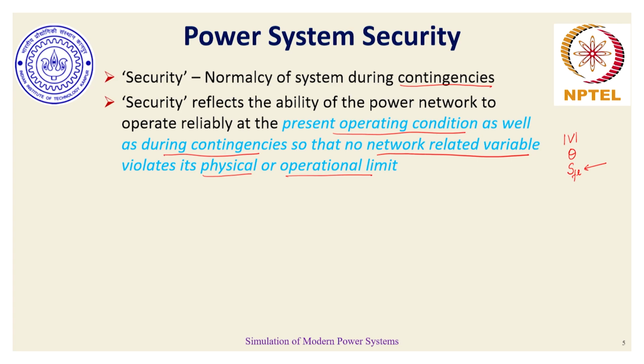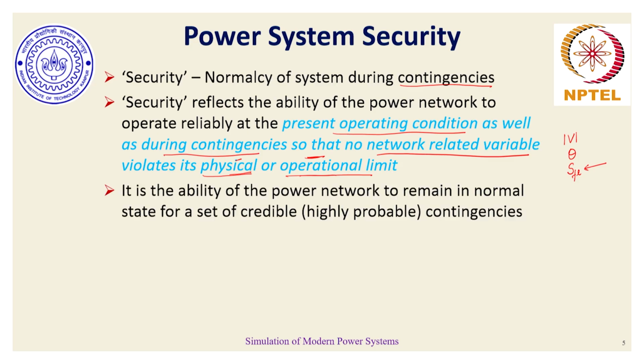If we expect the line to carry current 10 times beyond its capacity, obviously the line will have a heating effect because of I square R loss, and eventually it will melt and break down. So that's what the physical and operational limits are. Operational limits are defined by the operator, whereas physical limits are defined by the corresponding manufacturer or the way the corresponding element or equipment has been designed.